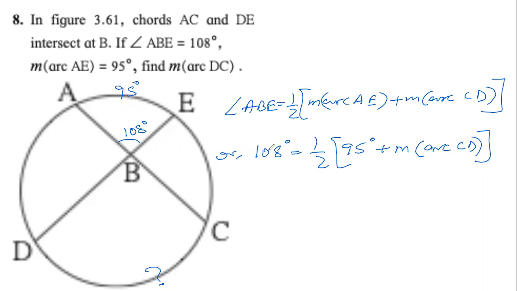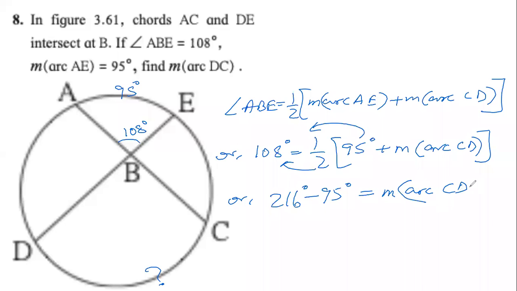So when we take these two to the left hand side, it will become multiplication. So this will become 108 into 2. This is 216 degrees. And then when we take 95 to the left hand side, it will become subtraction. This will be the measure of arc CD.